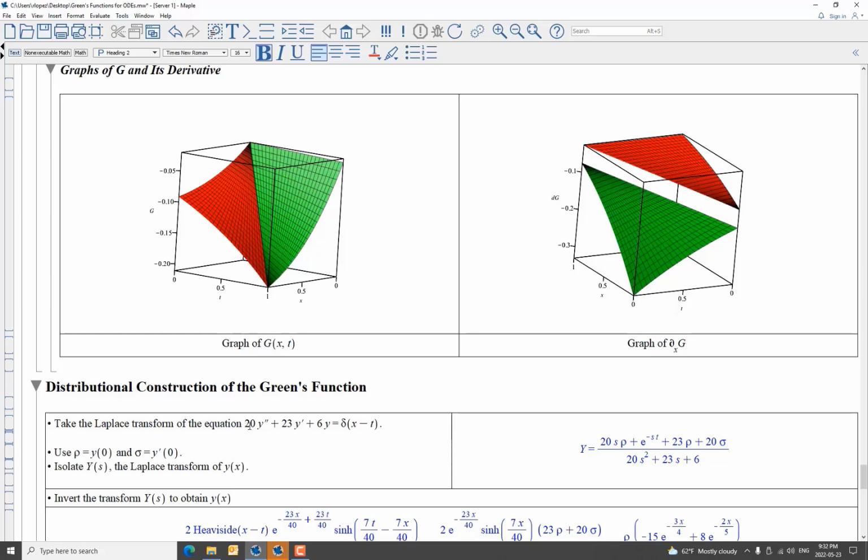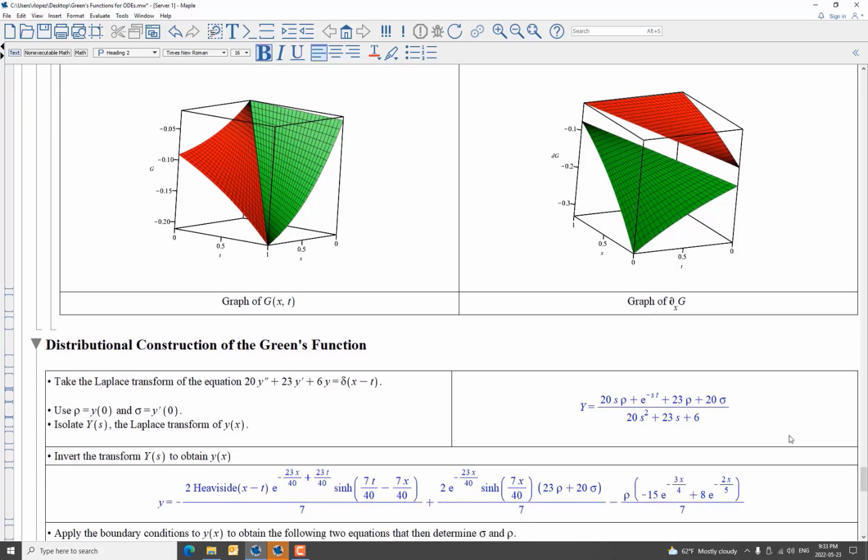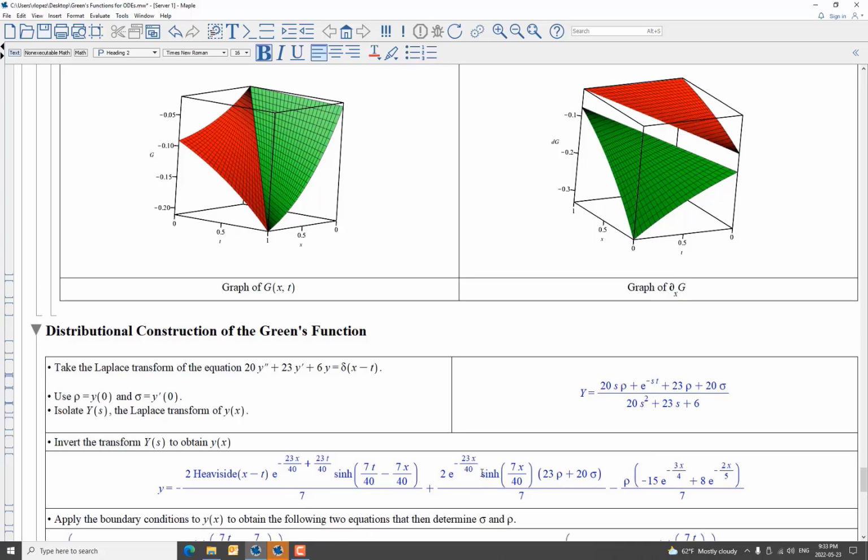But we take the Laplace transform of the distributional equation, delta of x minus t, solve for y, the transform, and you'll see you have a rho here and a rho here and a sigma. So you get the transform back in terms of these 2 unknown constants. Invert that transform, constants included.